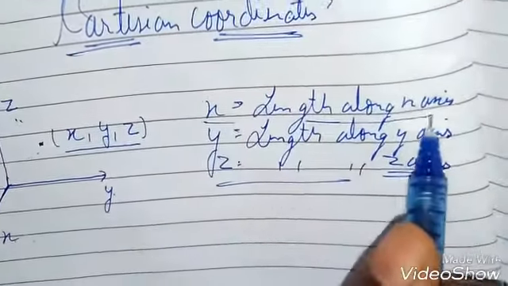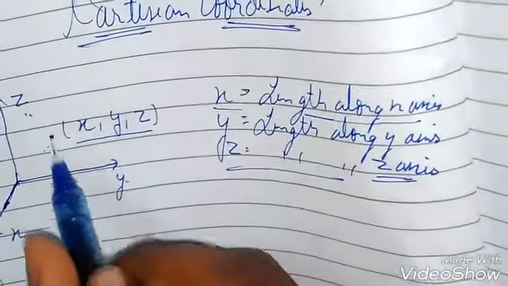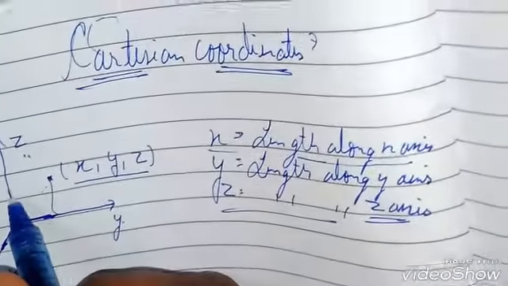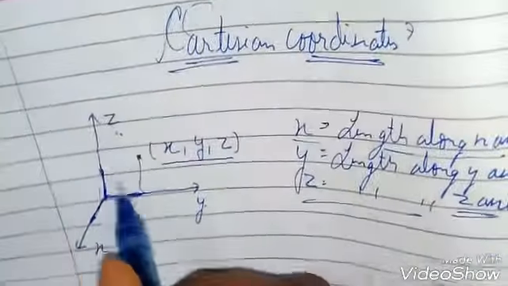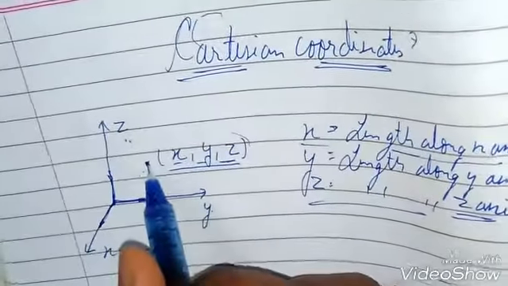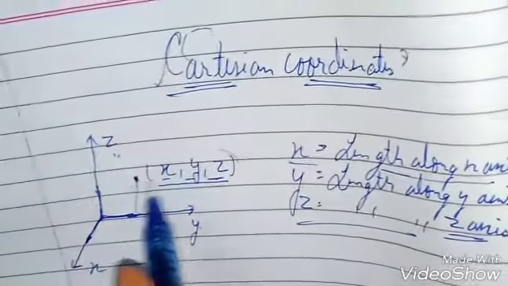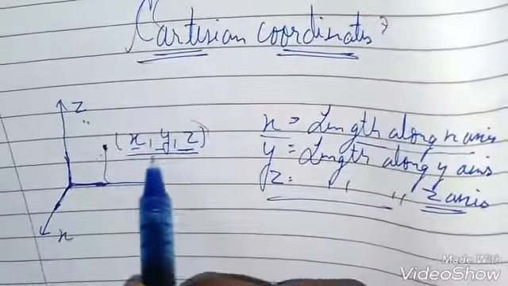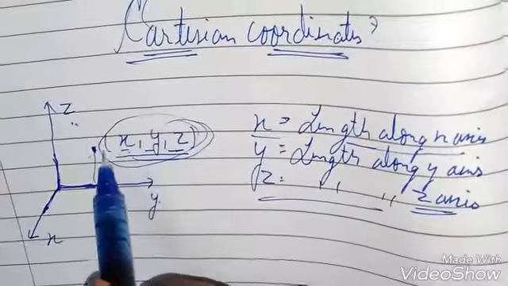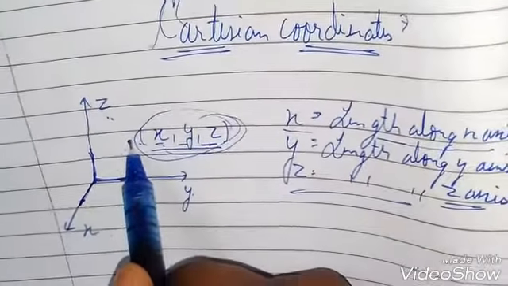X is the length along the x-axis, this one. Y is the length along the y-axis, this one, and z is the length along this axis. These coordinates x, y, and z give a particular position of this point, and these are represented in the Cartesian plane, and hence these are known as Cartesian coordinates. This is the Cartesian coordinates of this particular point.